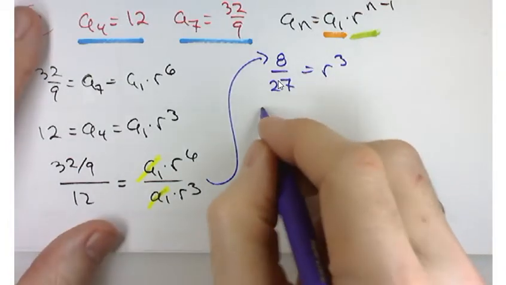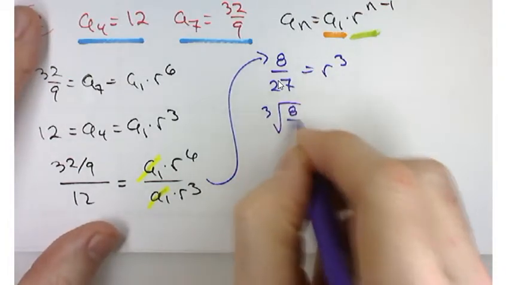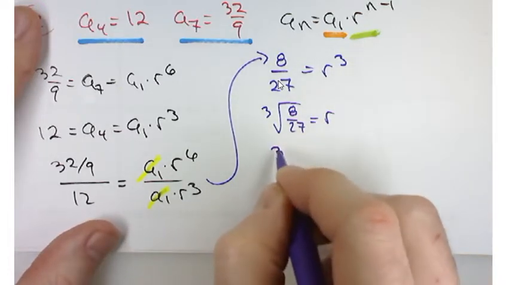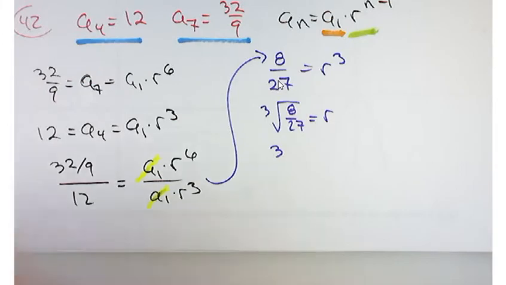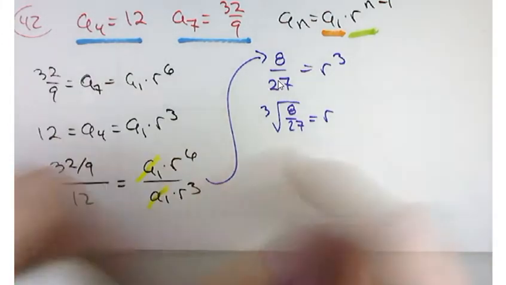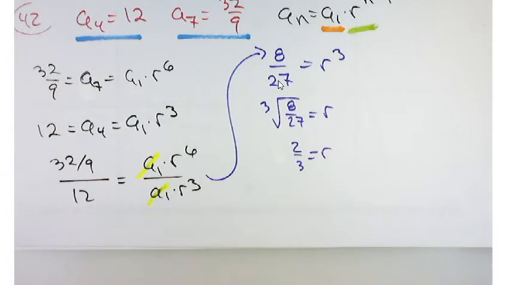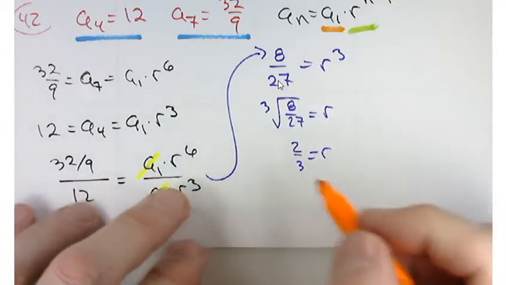All right, so cube root of 8/27 is r. Not 3. How about 2/3? So 2/3, that's your r. All right, that's good. One down, one to go.